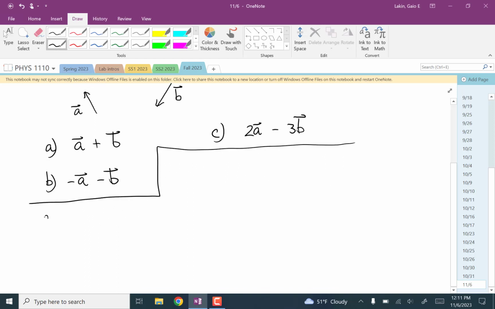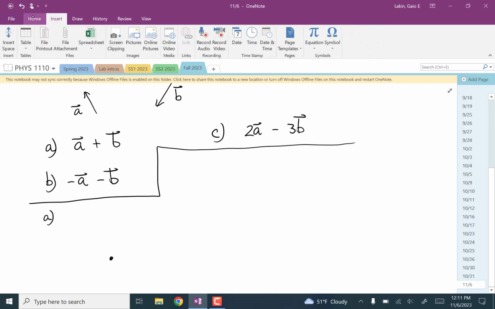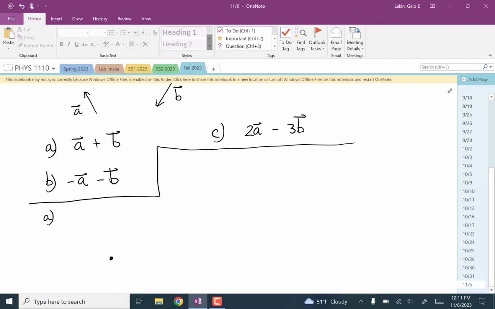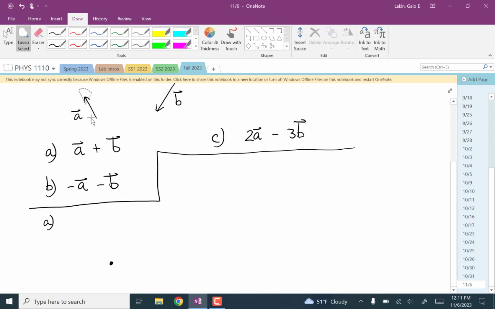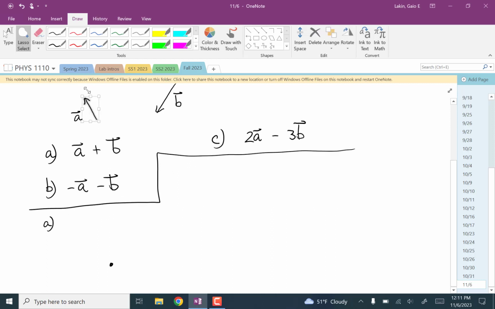Okay, so to add two vectors, you start at some point. Take one of the vectors, and remember, order doesn't matter, so you can choose either one.